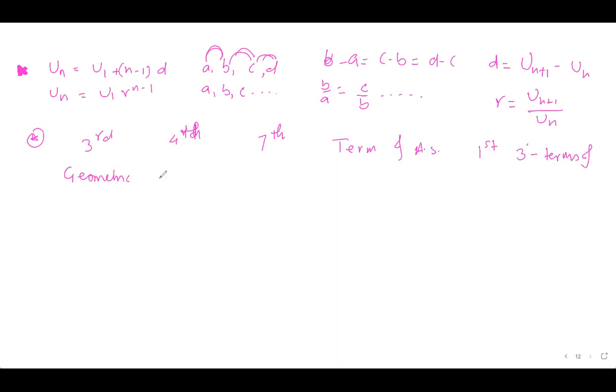It has been given that the first term of the arithmetic sequence is a and the difference is d. Using this, you have to get a relation between a and d.